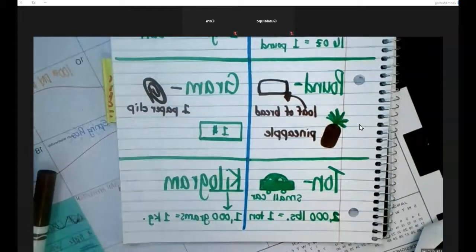Milligram, grain of salt. There was, yes, we could do 1,000 paper clips.